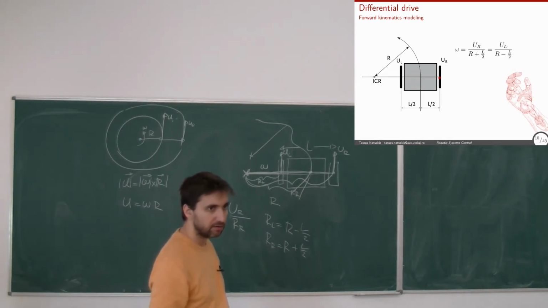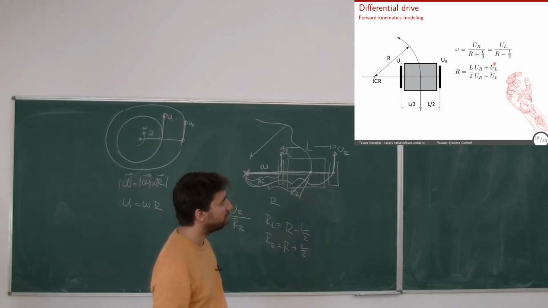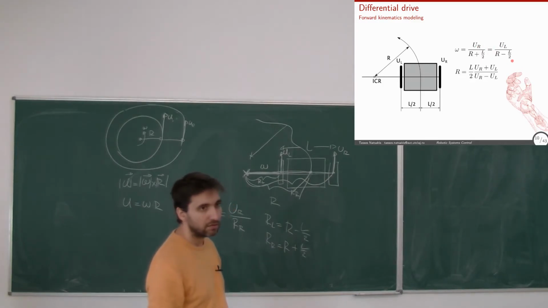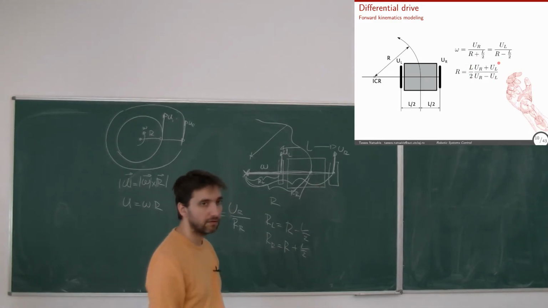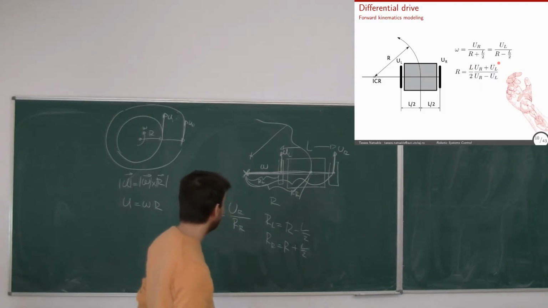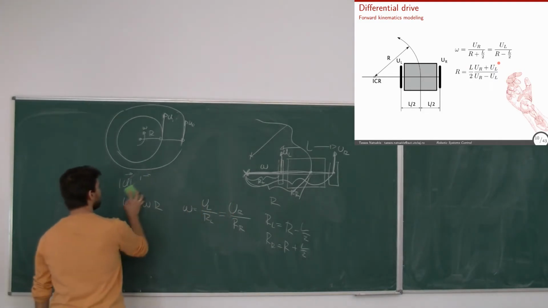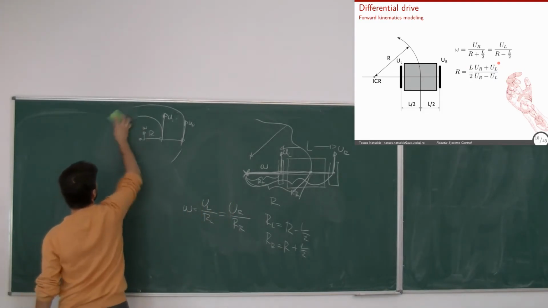I take this equation and I solve it for R, and I will get something like this. If I move this up, and I do the simplifications, I will get to this result. You can validate it if you want. It's just algebra.